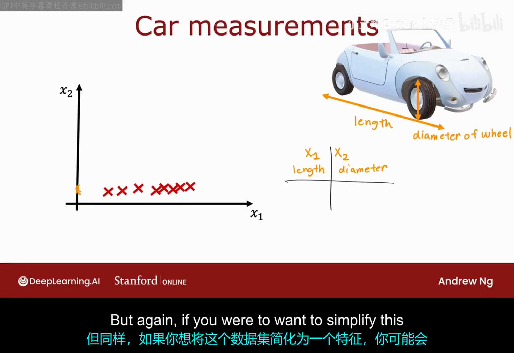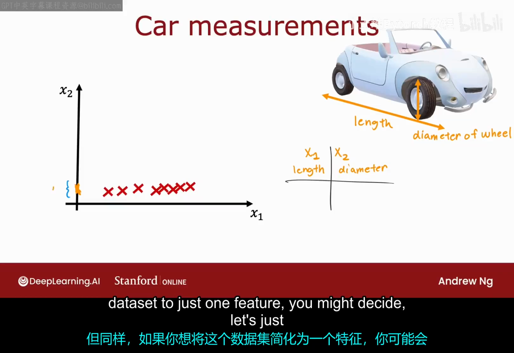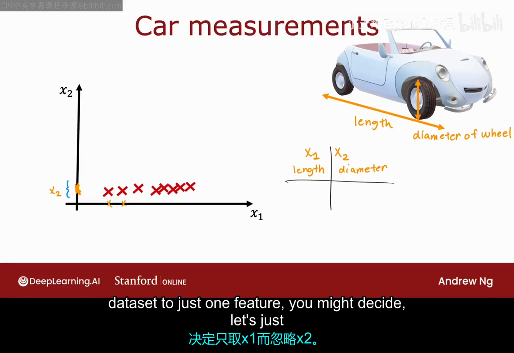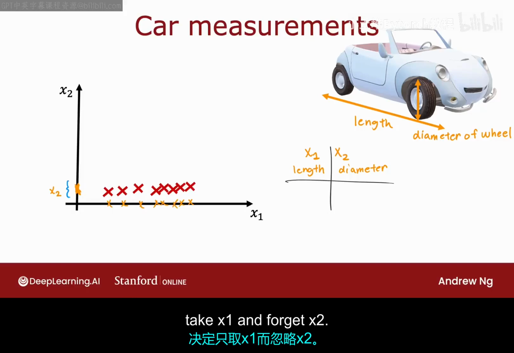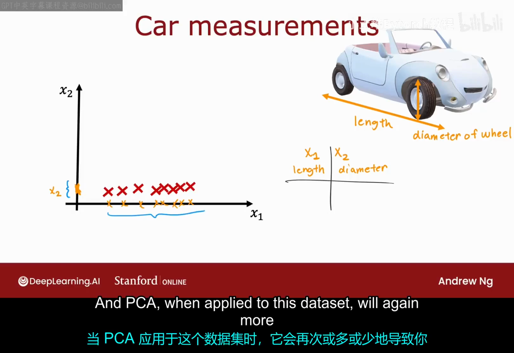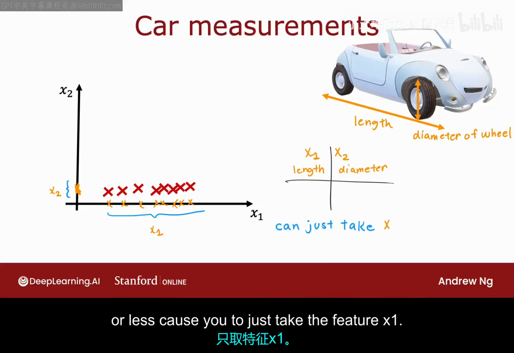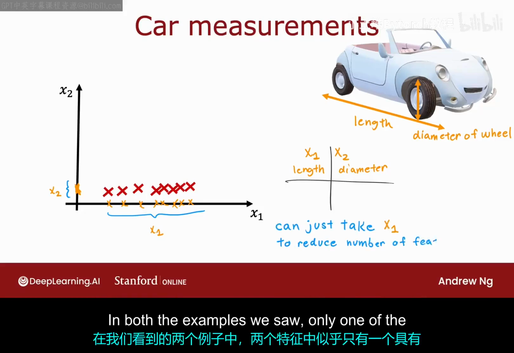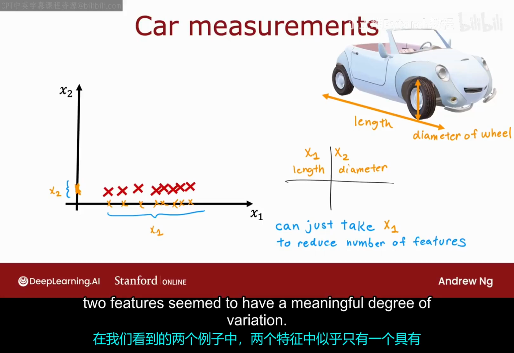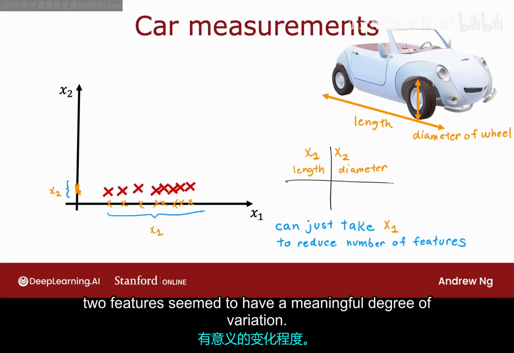But again, if you were to want to simplify this data set to just one feature, you might decide, let's just take x1 and forget x2. And PCA, when applied to this data set, will again, more or less, cause you to just take the feature x1.